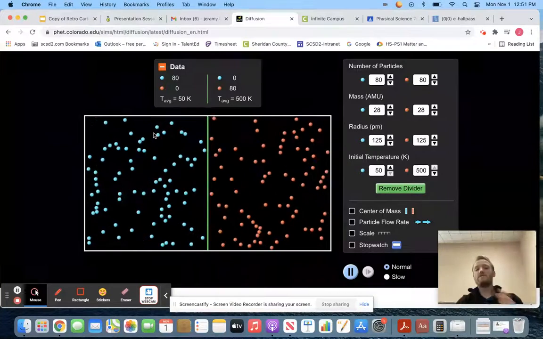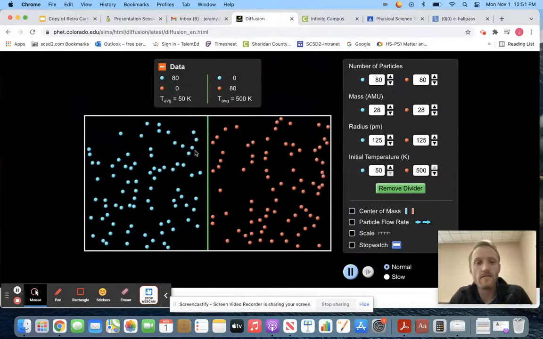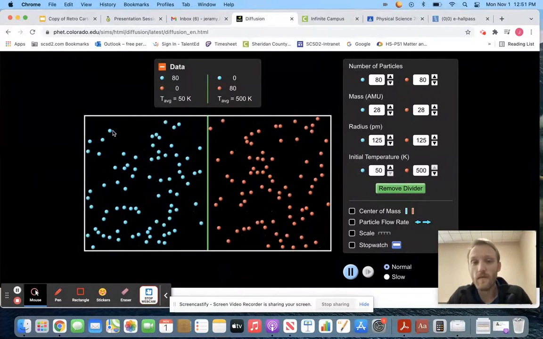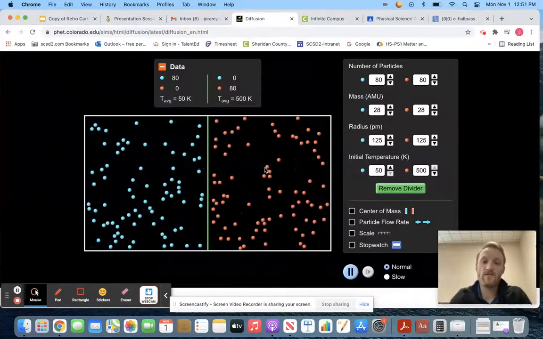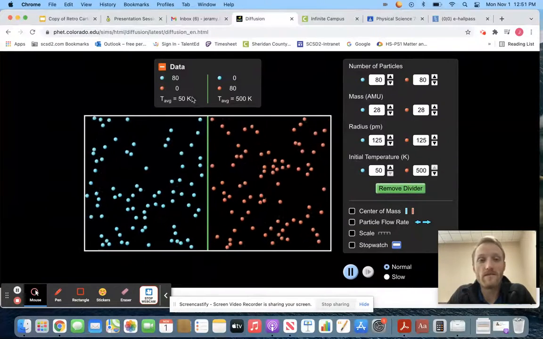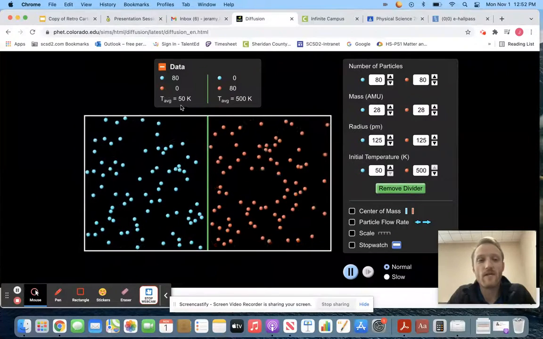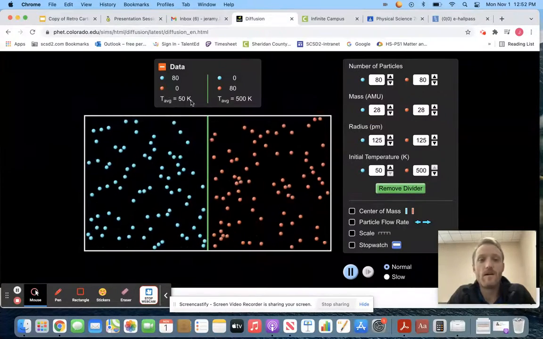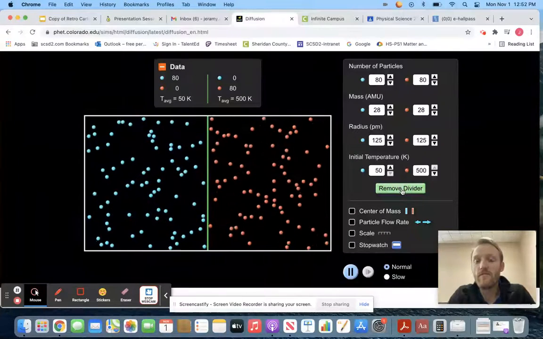Okay, and so what's going to happen is as I introduce my coffee here into this room temperature room, we're going to see some of the coffee particles transferring energy into the room temperature. Now, what we want to pay attention to is this number here. We can see that the average temperature in this section is much, much lower, right? And so we're going to go ahead and remove the divider.